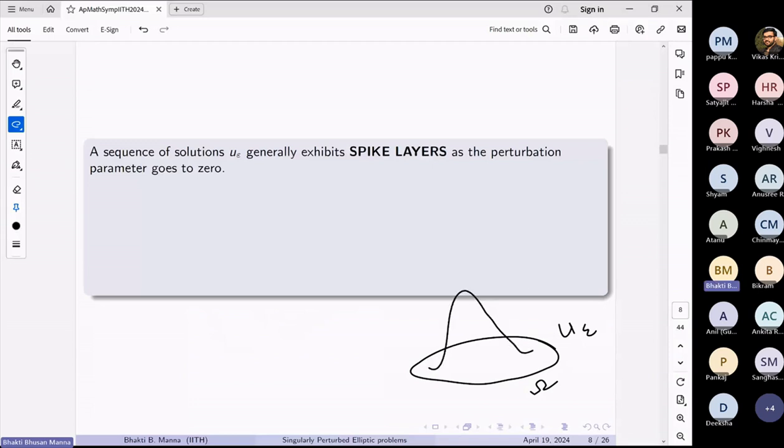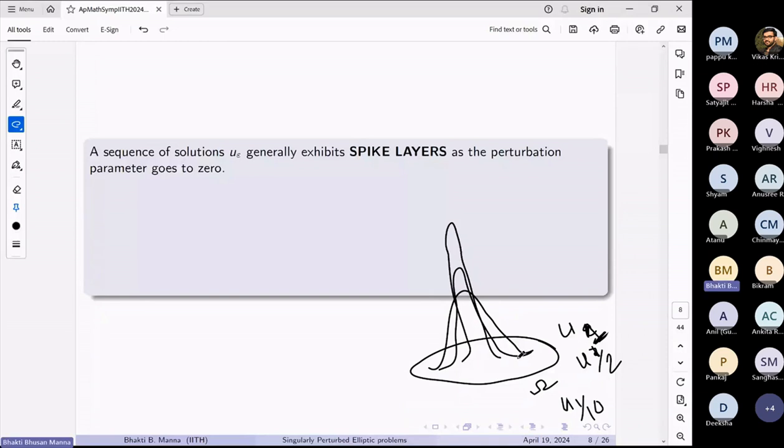Suppose this is at epsilon equal to 1. Now the moment I go to the next one, let's say I take a smaller epsilon, u one half, it becomes something like this. And then if I take, let's say, u one-tenth, it becomes more and more steep.